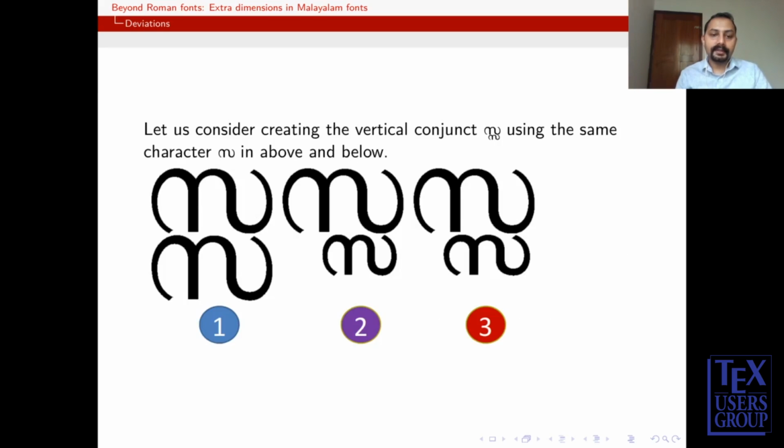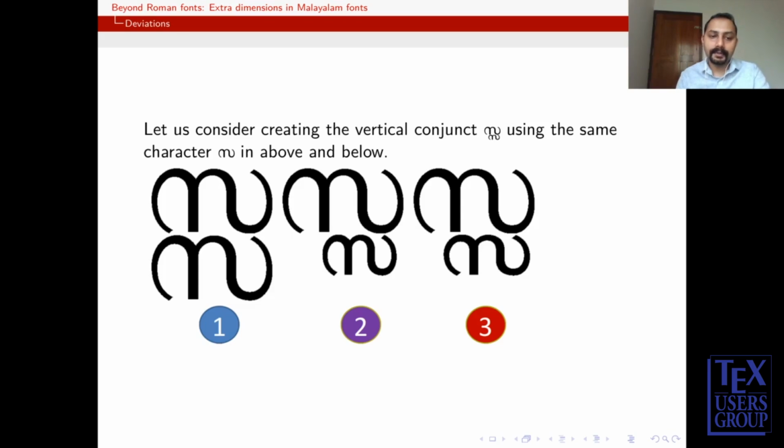For instance, let's take a single conjunct thsa, which has a vertical form, that is double S, and design according to these three considerations: a single vertical descent, then an equalized height, and then a varying height. So take a look at number 1, 2 and 3.